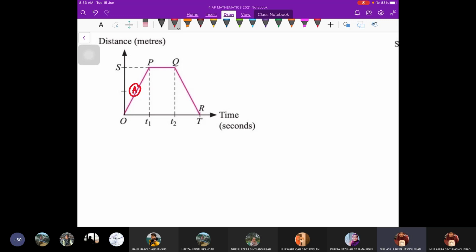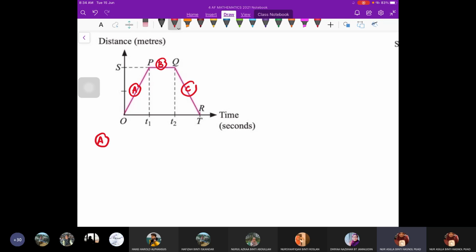And then motion yang kedua adalah from P to Q, di mana dia horizontal. So this I label as motion B. And then the third motion is from Q to R, di mana dia start decreasing. So I put this as C. Okay, now let's look.